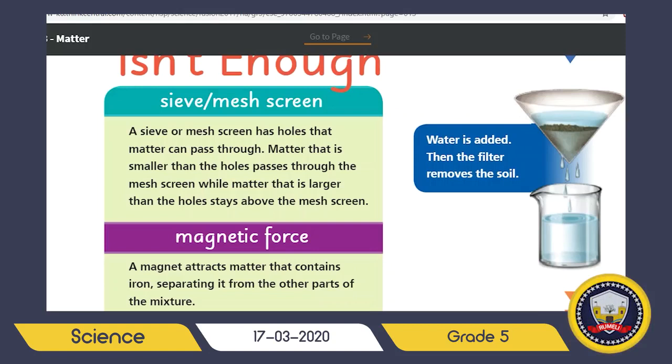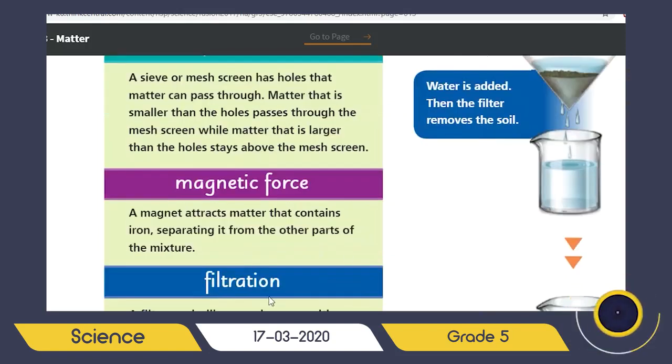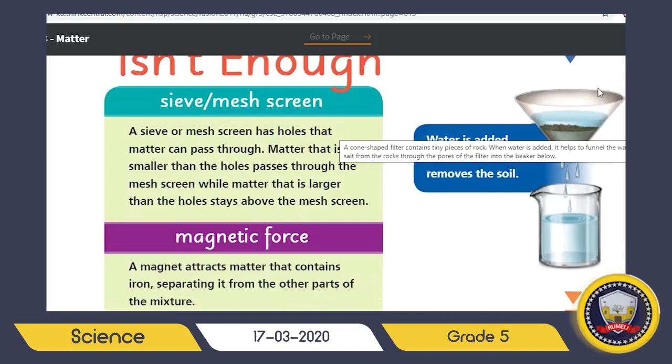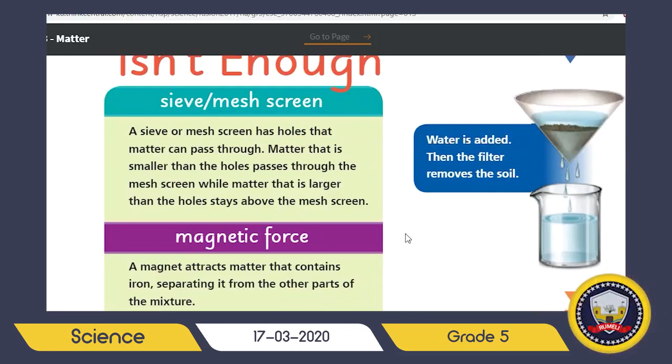In your book you will also see another type of separation, which is called filtration here. So how does filtration work? Remember the mesh that we discussed in the first place?